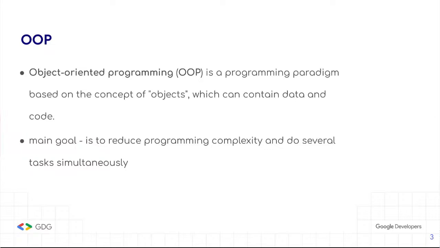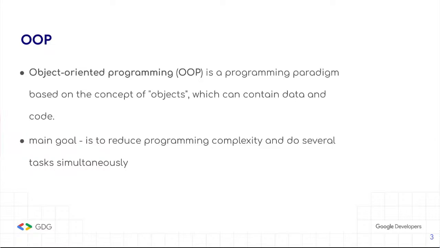So all of this is done with objects, right? So OOP is all about the concept of objects and what the data that it contains, which means the objects contain the data in the form of code. So that is what OOP means.